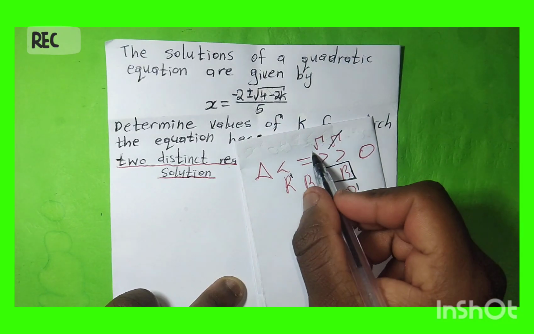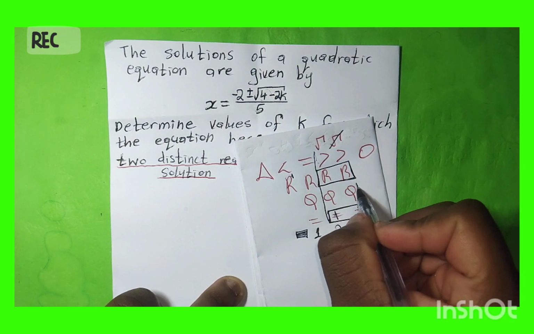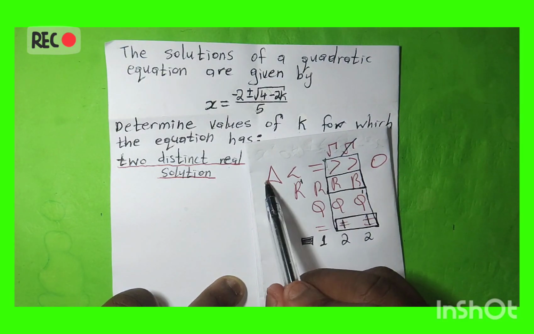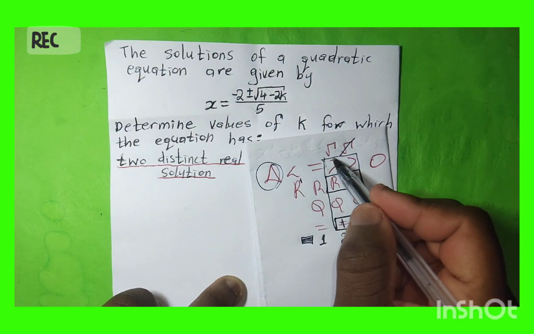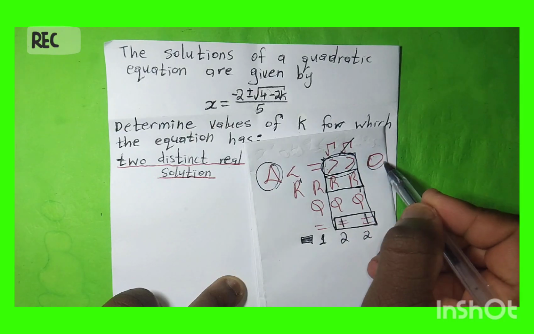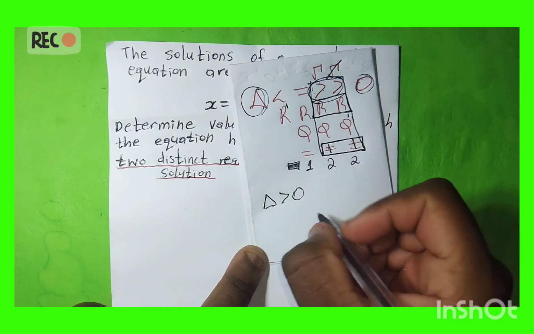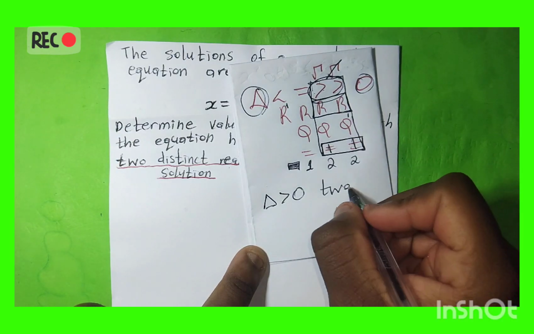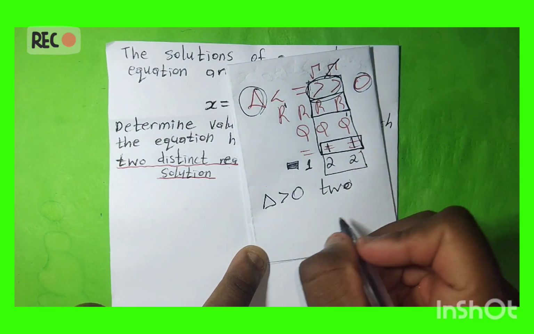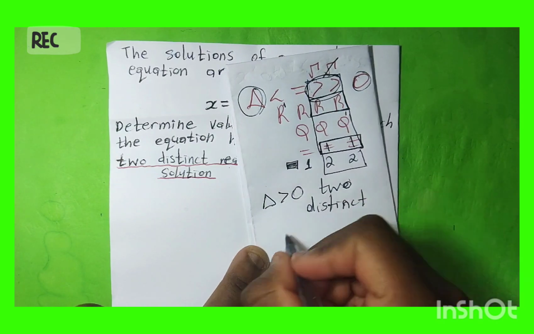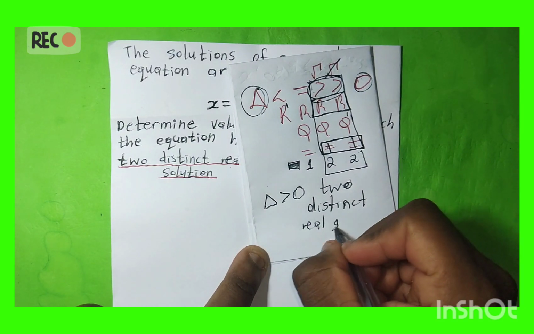So obviously we can tell that that's where the discriminant is greater than 0. It means that when the discriminant is greater than 0, we'll have two distinct real solutions.